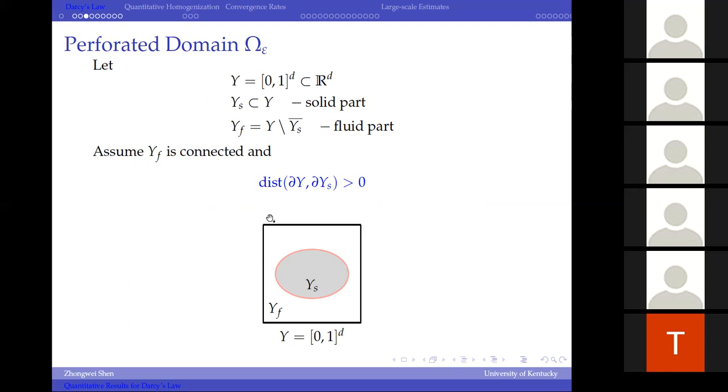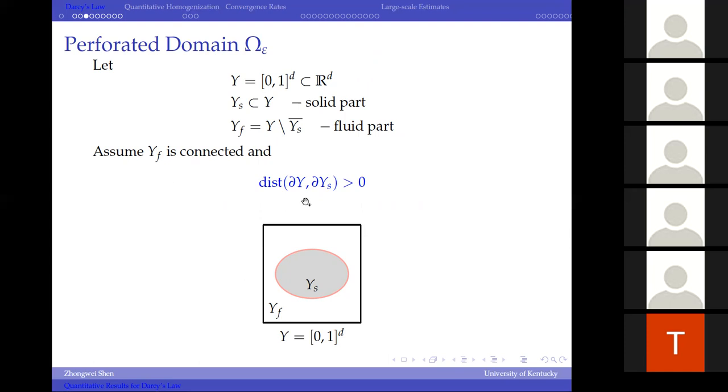Let's say we have a unit cell Y. Inside we have a solid part, which is denoted by Y_S, S for solid, and the remaining part will be the fluid part, Y_F, and we're going to assume that Y_F is connected. This is important.